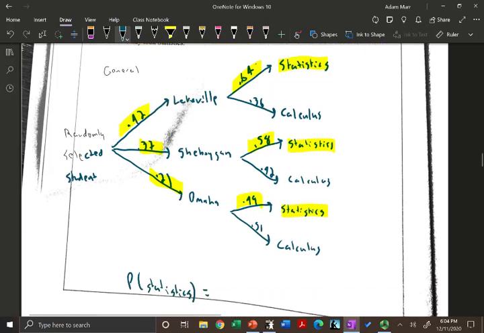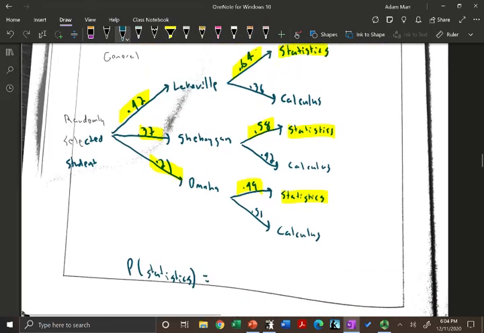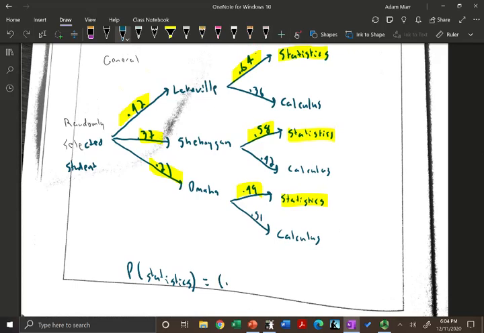The first one is going to be 0.42 times 0.64. Then we're going to add to that, because it could be Lakeville and statistics, or Sheboygan and statistics, or Omaha and statistics. So that's why we're multiplying, then adding.